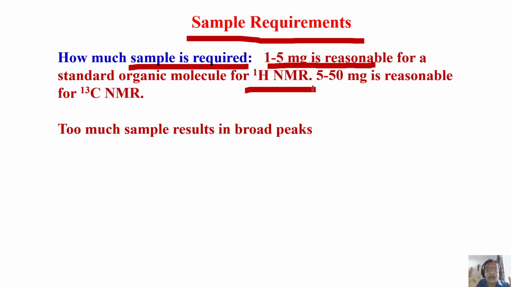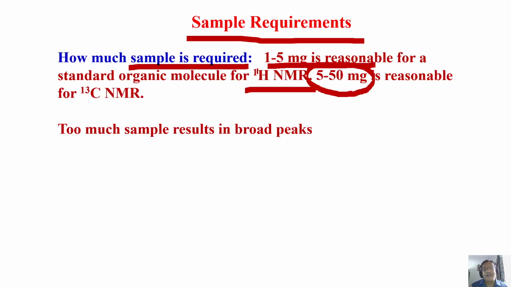If you want to look for carbon-13 NMR, a somewhat higher sample quantity is required because the sensitivity of detection of carbon is much less compared to that of proton.